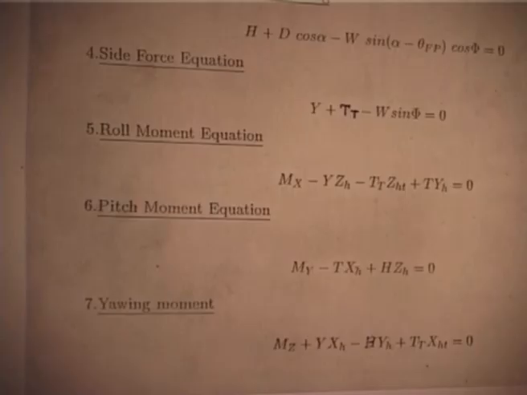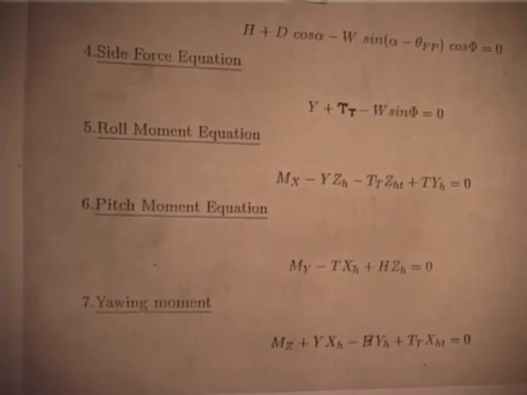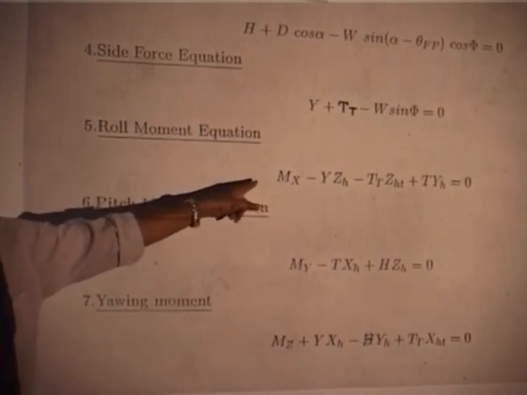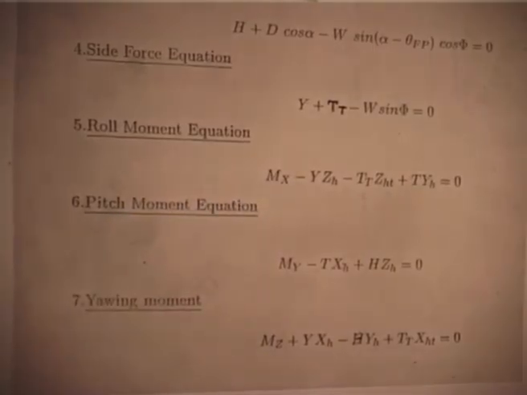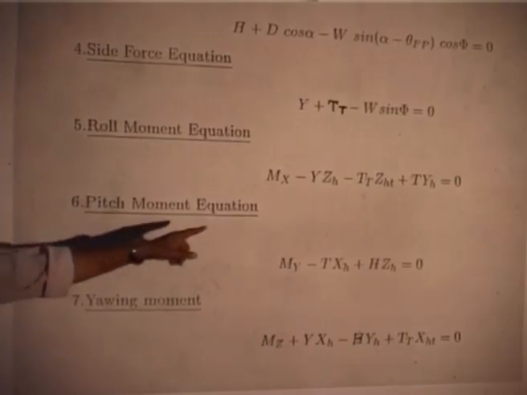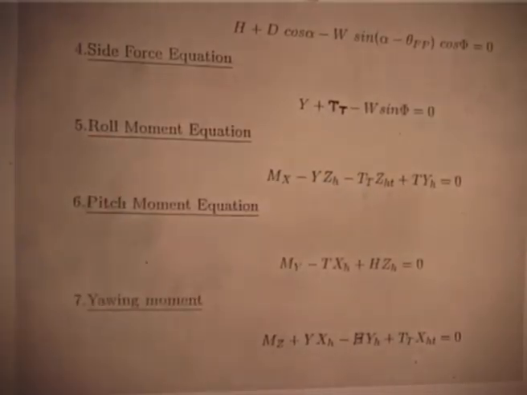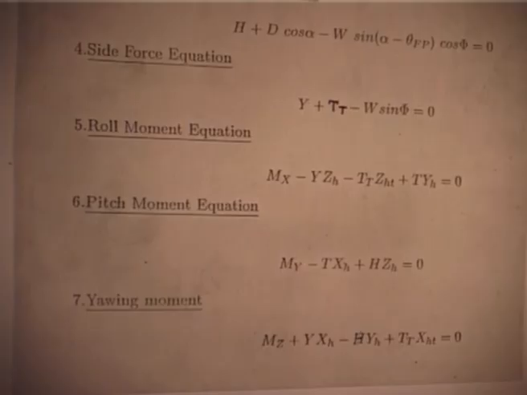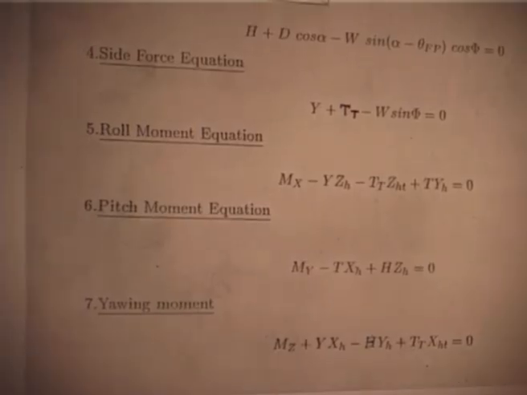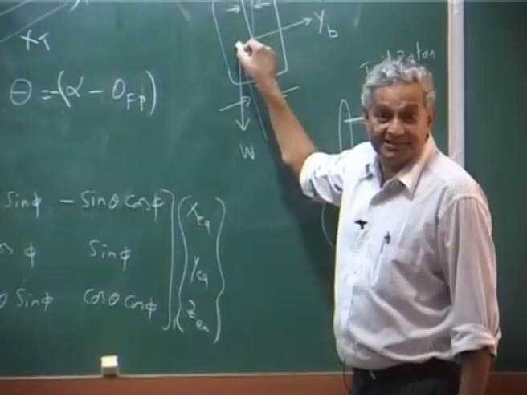Then similarly, you do the moment balance: roll moment, pitch moment and yaw moment. You have the roll moment Mx from the main rotor, side force into zh, this is the height, and similarly the tail rotor thrust into z height of the tail rotor, and then you have the main rotor thrust into yh, because the thrust is this way, that will give a moment.